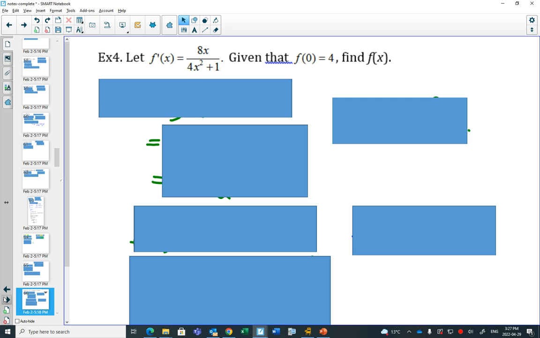So what kind of question is this one? We got a 1 over idea, yes, but just the form of the question when it says, given that f of 0 equals 4, find f of x. It's a solve for C question.